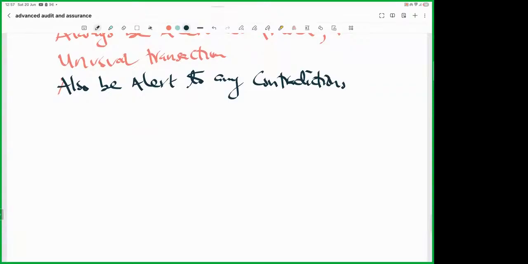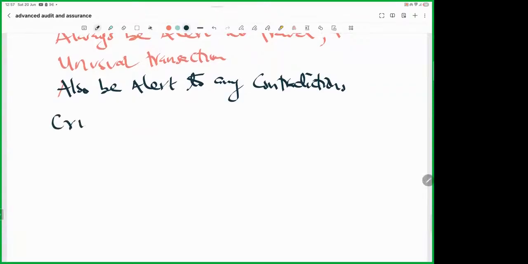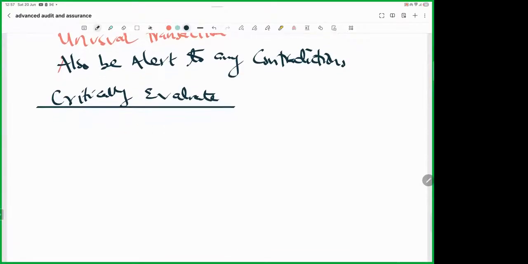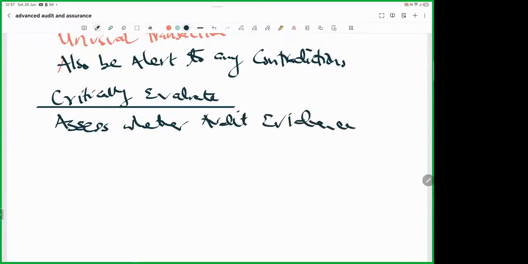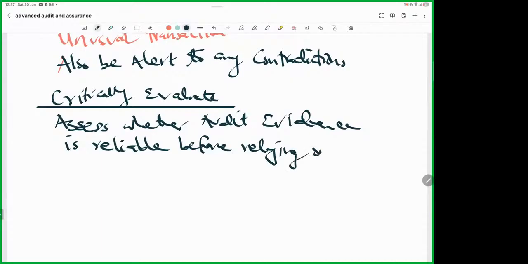Another one we mentioned up there is critically evaluate. Assess whether audit evidence is reliable before relying on it to make opinions.